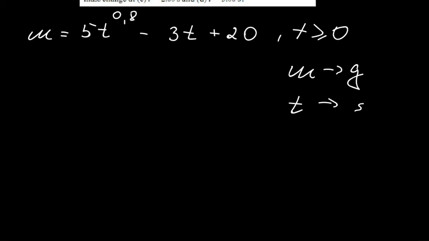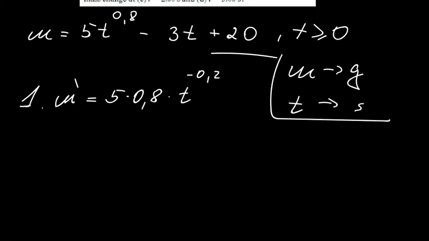So the first thing to do to find the maximum value of this function is to find its derivative. So the derivative of this function would be 5 times 0.8 times t to the power of minus 0.2 minus 3, and this will give us 0, so I won't write it.